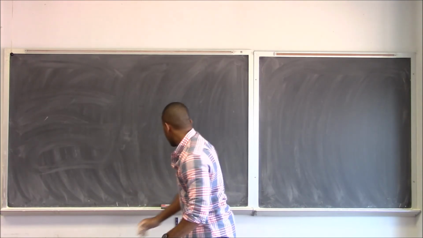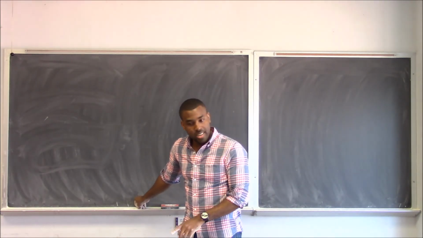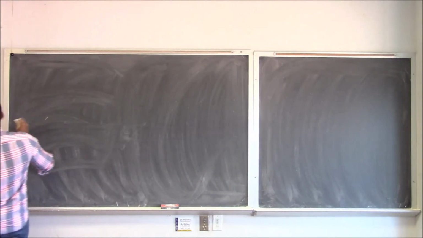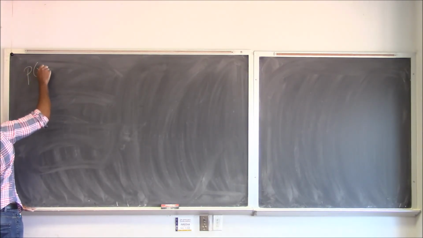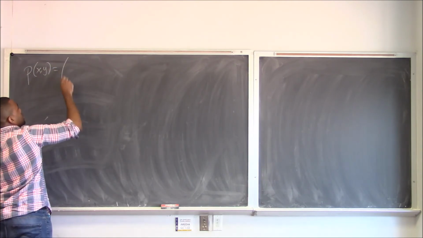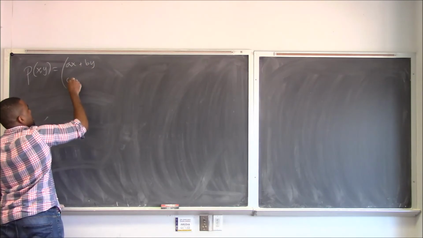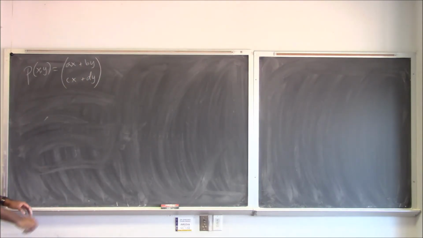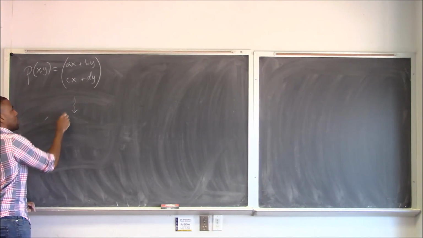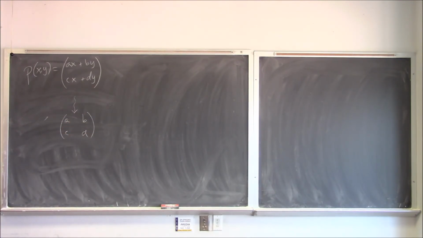Here's another thing that we can look at, which is going to be important in chapter 4 and 8. So P of xy, we realized this was ax plus by, cx plus dy. And ultimately we wrote this down in shorthand just by looking at the coefficients.